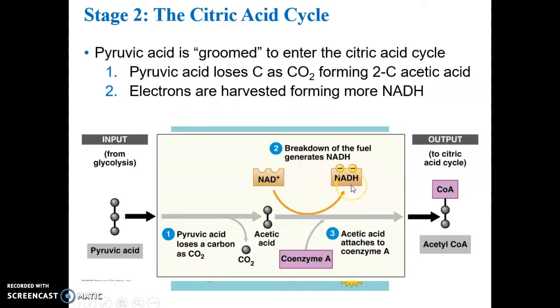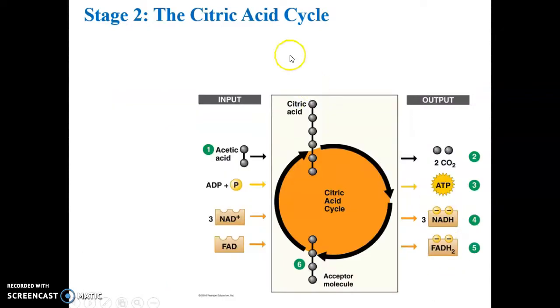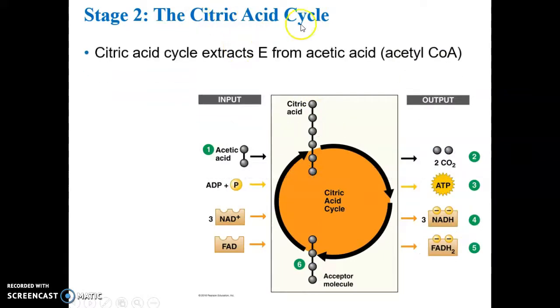And again, the NADH, these electron carriers, work their way over to the electron transport chain. Okay? And then that's the formation of acetyl-CoA. So this is the molecule that then goes into the Krebs cycle, which is also called the citric acid cycle. Okay? So the citric acid cycle extracts most of the electrons from the starting molecules.